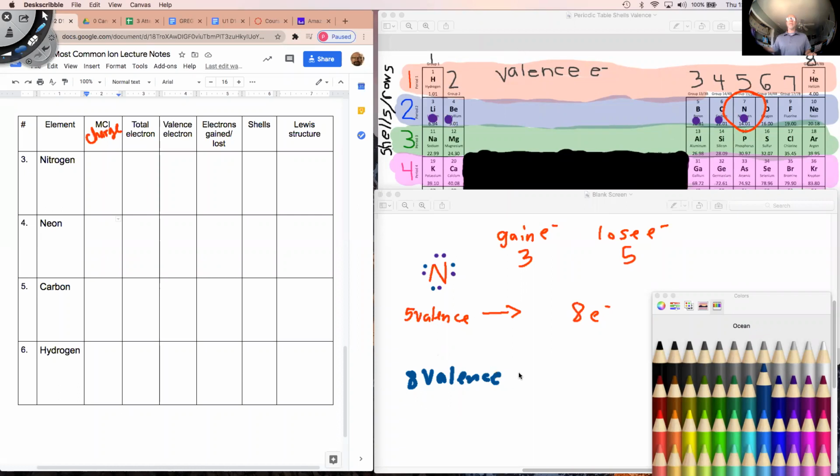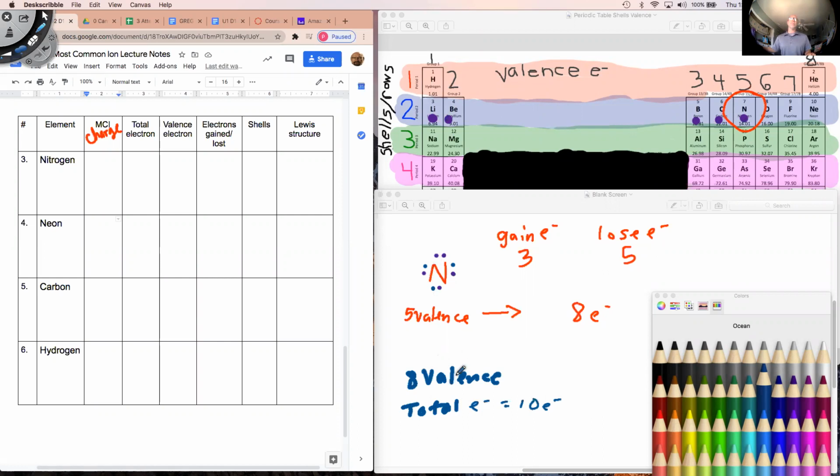So how many total electrons? Total electrons is going to be 10 electrons, because we had 7, now we added 3 more.